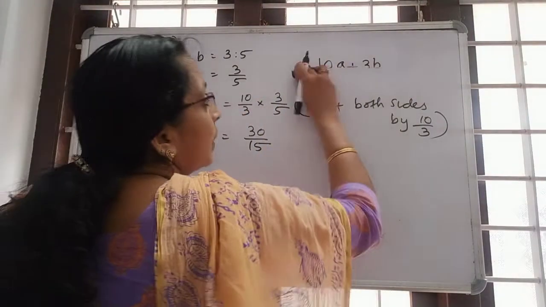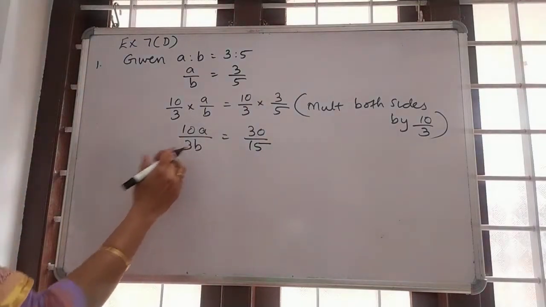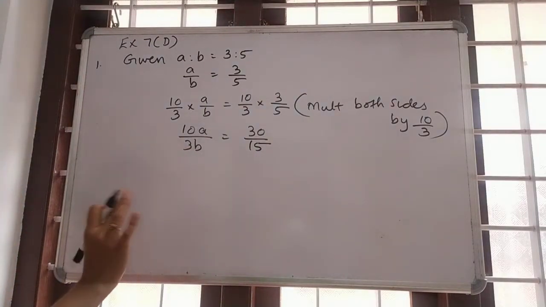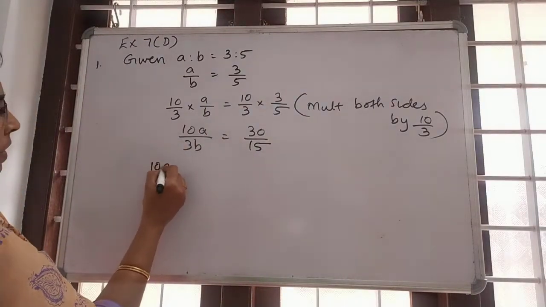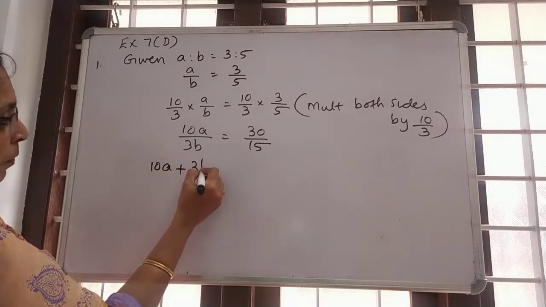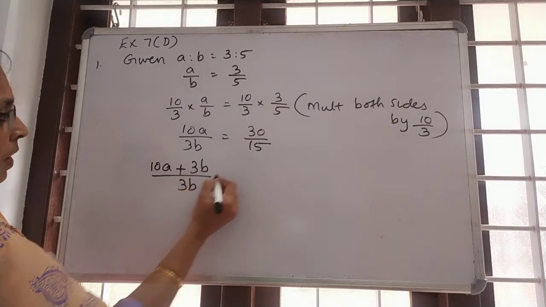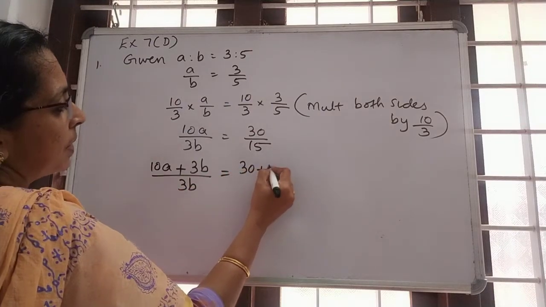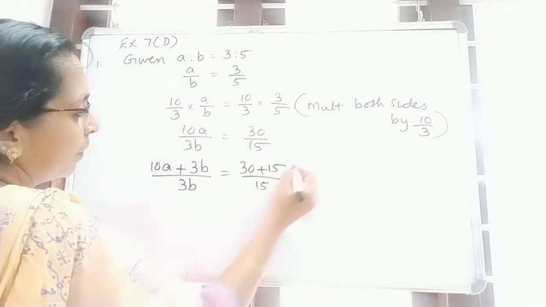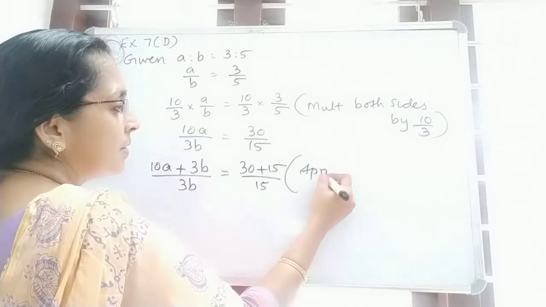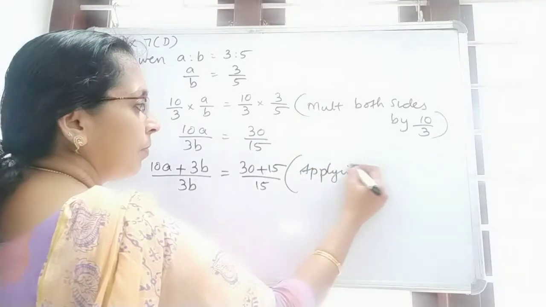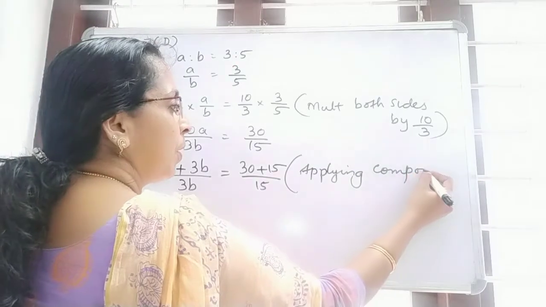Applying componendo, 3B will be 3B itself. So numerator 10A plus 3B divided by 3B is equal to 30 plus 15 divided by 15. The reason is applying componendo.